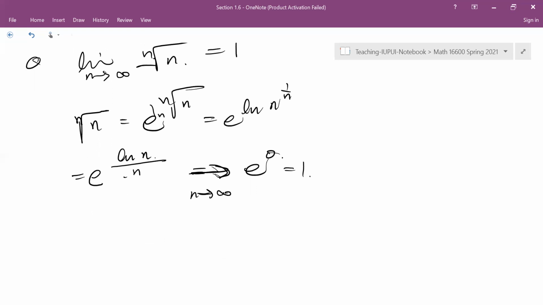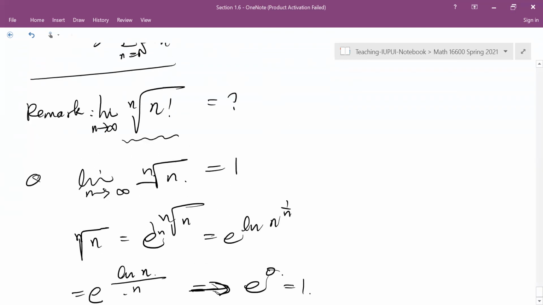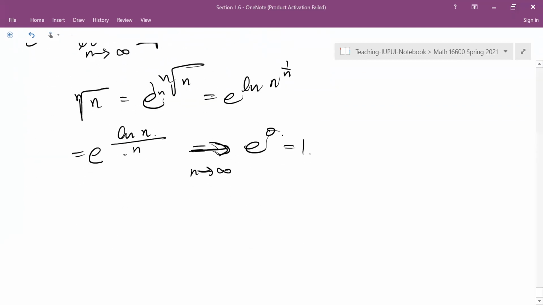Okay, let's take a look at some examples in the book. I'm not going to prove this theorem again. It's very similar to the ratio test.